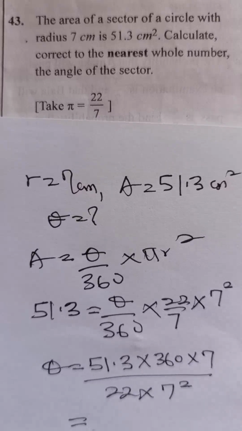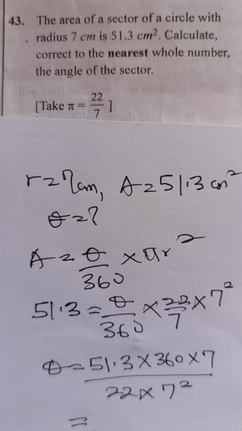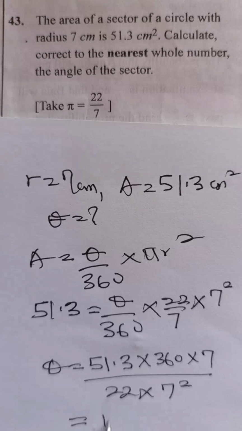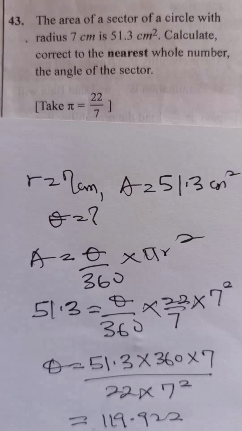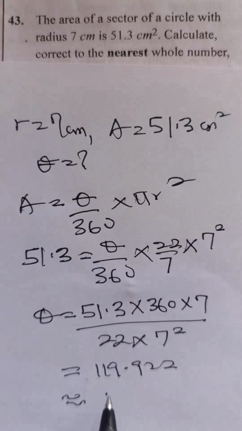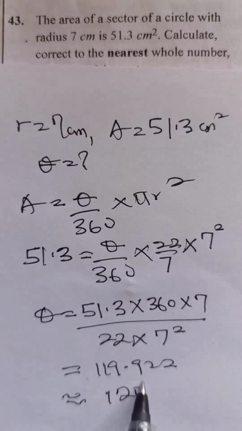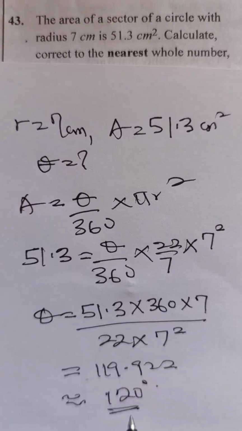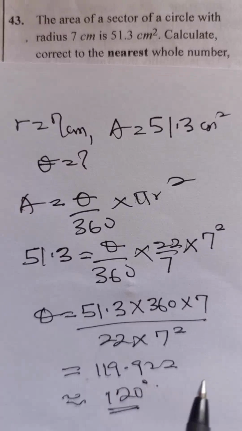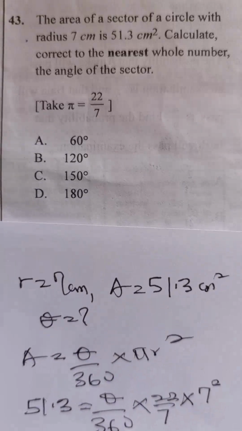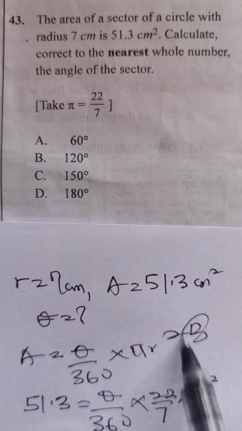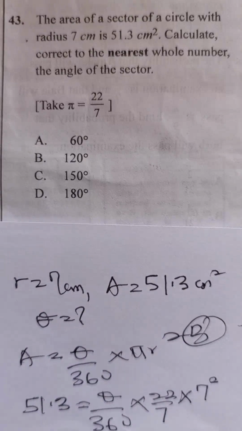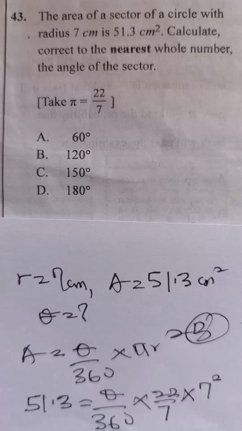And when you press your calculator, you are going to get theta to be equal to 119.922, which is approximately equal to 120 degrees. So that is the final answer for question number 43. For question 43, the final answer is option B, which is 120 degrees. Let's move to question number 44.